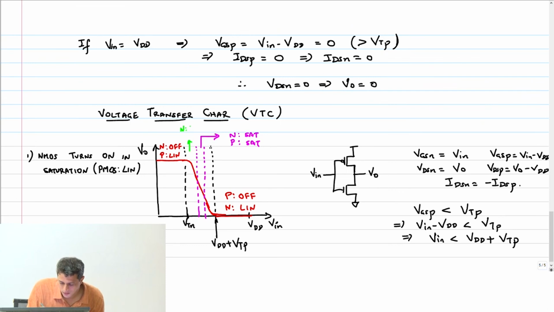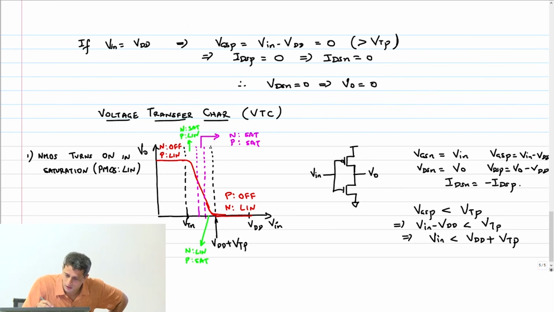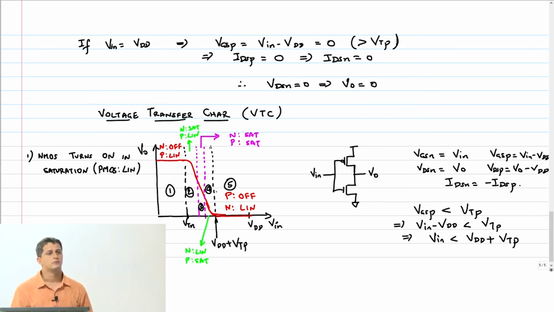N is in saturation, PMOS in linear, and the exact opposite will happen in this region where NMOS is in linear, PMOS is in saturation. Okay, so there are how many regions? Region 1, 2, 3, 4 and 5. There are 5 regions that the voltage transfer characteristic goes through, and you should be able to explain each one of them correctly.